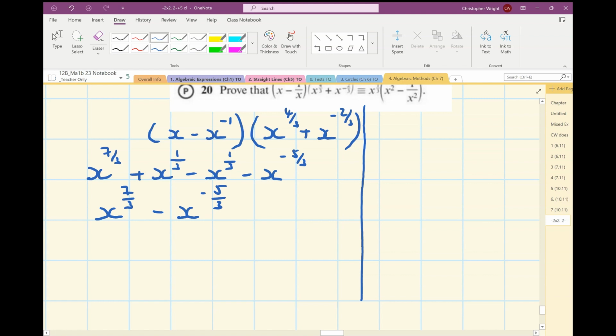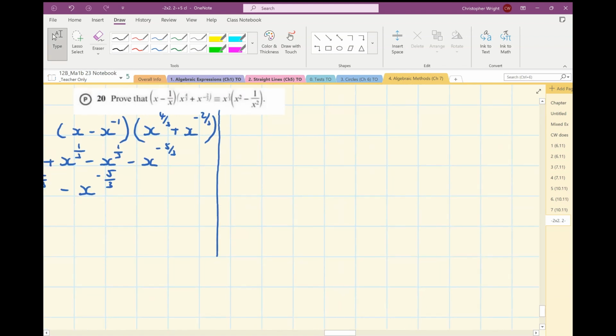Now, I'm going to take the expression on the right and see what happens when I simplify that. Again, I'll start by making sure that everything's written in an easy fashion. So I'm simply going to change that 1 over x squared to x to the power of minus 2. Right, let's multiply out that bracket, shall we?